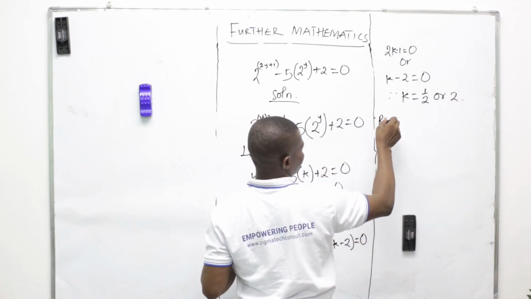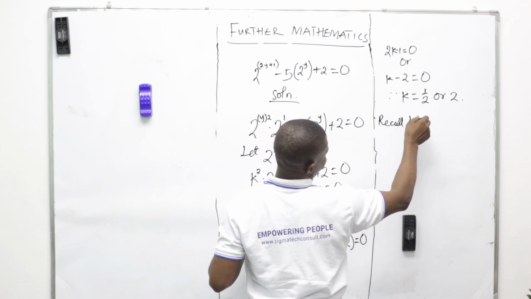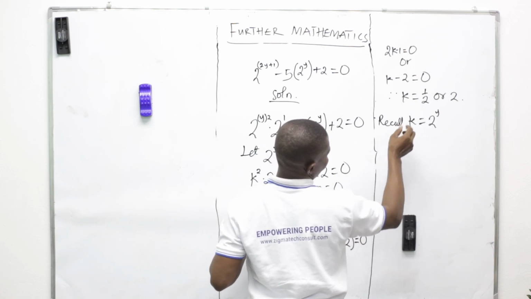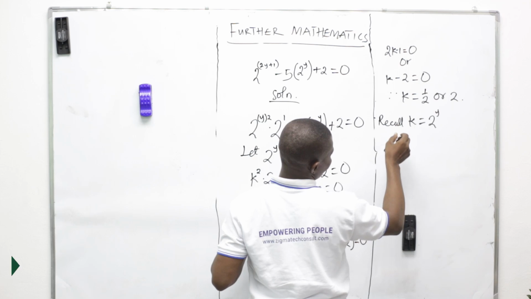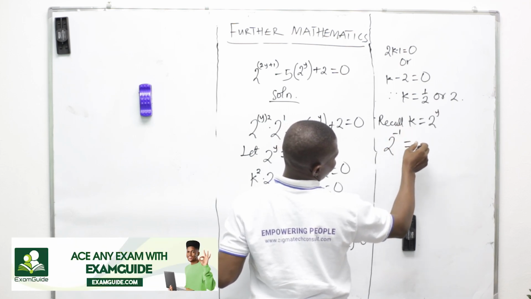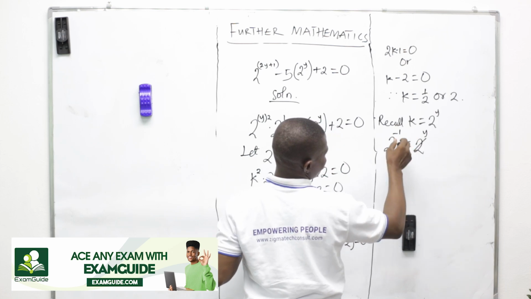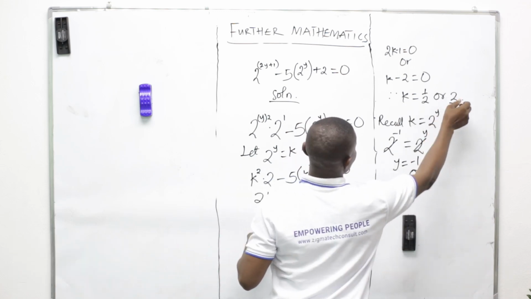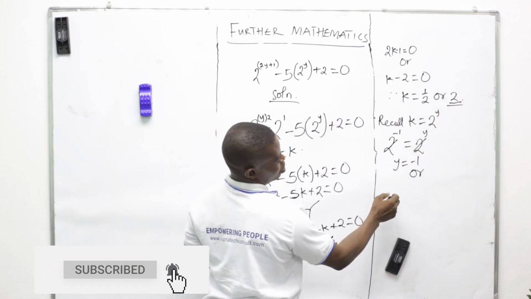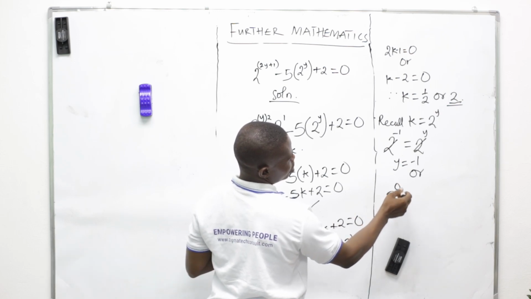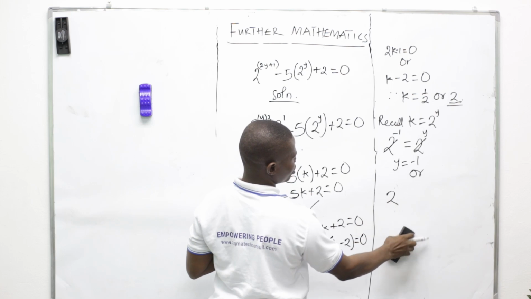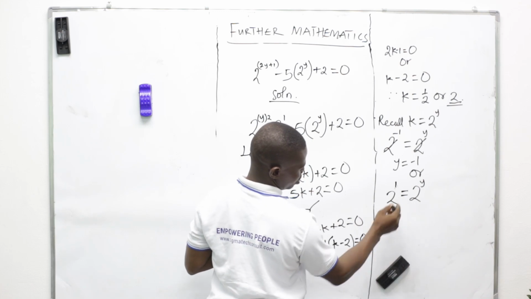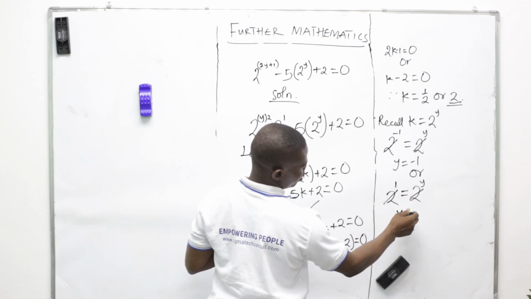Recall that k equals 2 raised to the power y. So 1 over 2 means 2 raised to the power minus 1 in indices, to be equal to 2 raised to the power y. Here, y equals minus 1. Or when the solution was 2, 2 raised to the power 1 in indices will produce the same number, meaning 2 power 1 equals 2 power y, so y equals 1.